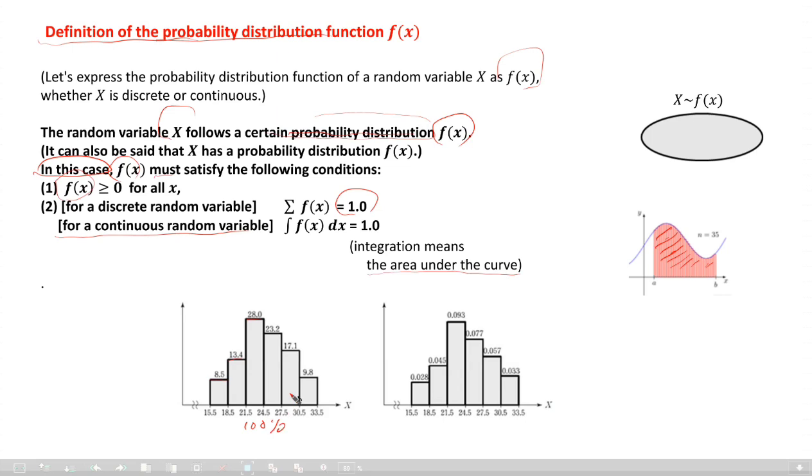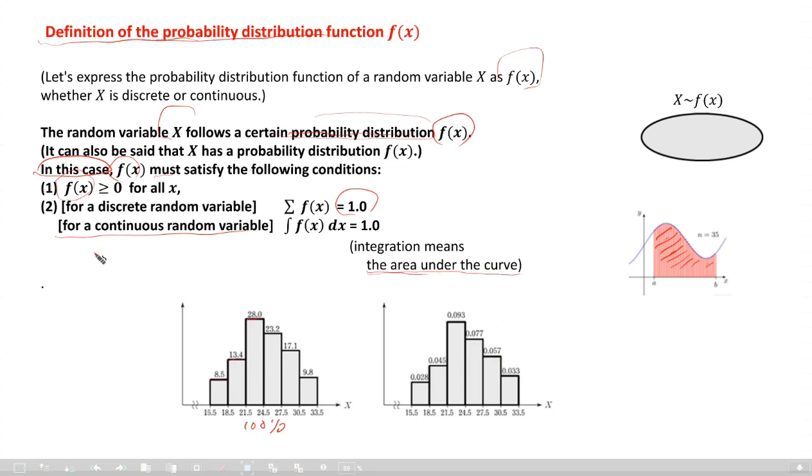But when we consider the same data as continuous, then the total area under the curve should be 1.0. I told you this kind of thing previously when we studied histograms, right?